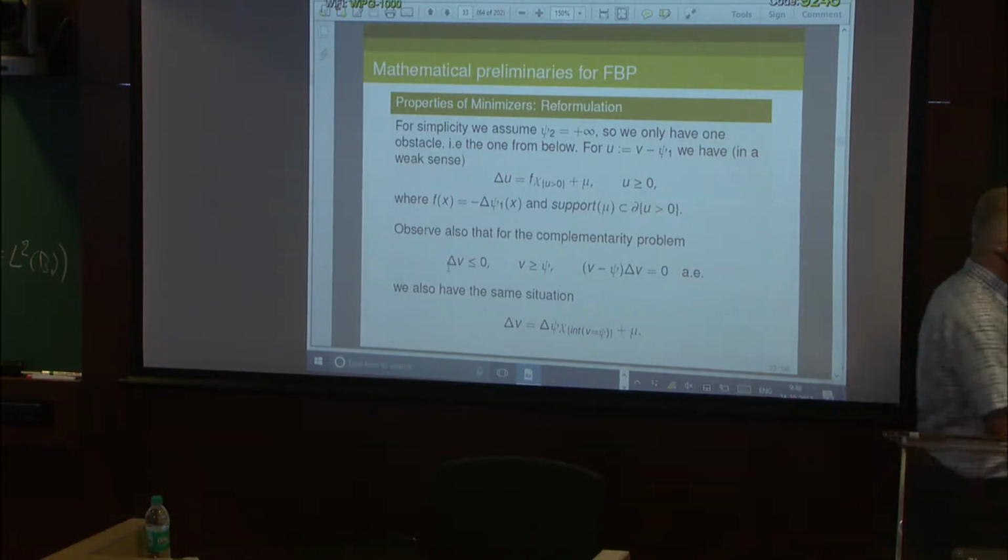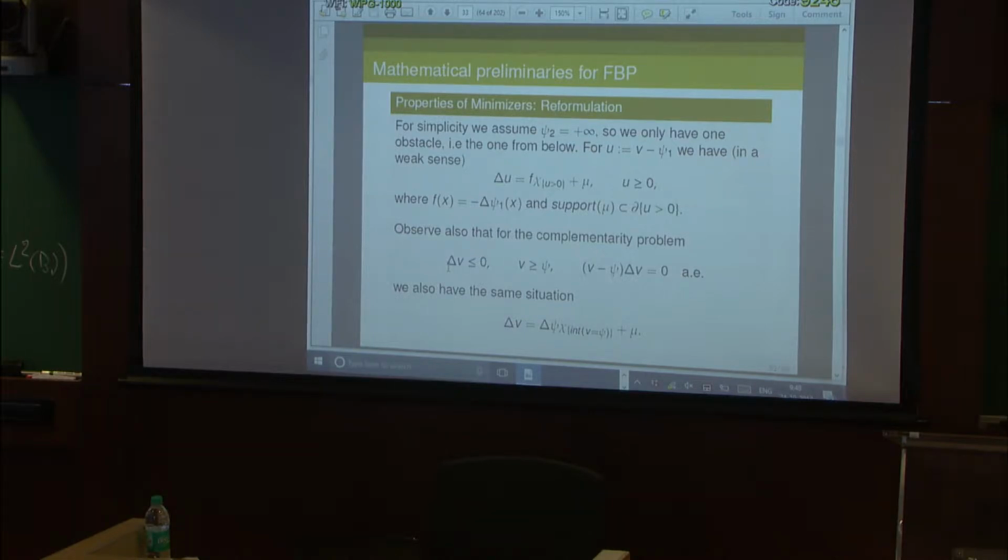And then we call this function f, just gave it a name, and then u is positive. The v minus psi being positive means that u is positive. And then the measure is here, so you get this characteristic: u is positive plus the measure.